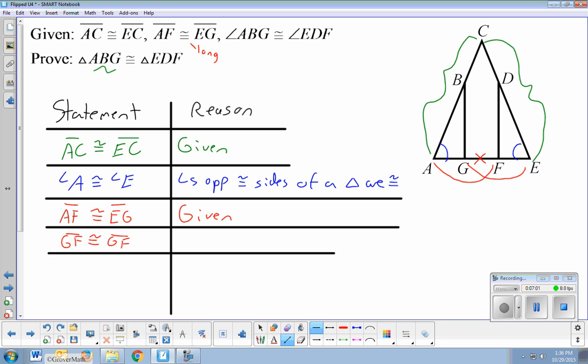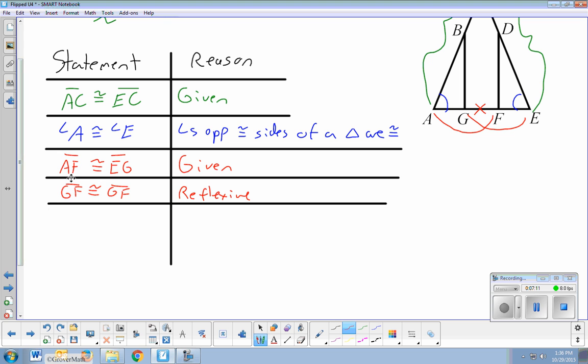So this is a reflexive property, and then we could do subtraction. And it always lines up to AF minus GF, EG minus GF. So AF minus GF is congruent to EG minus GF.